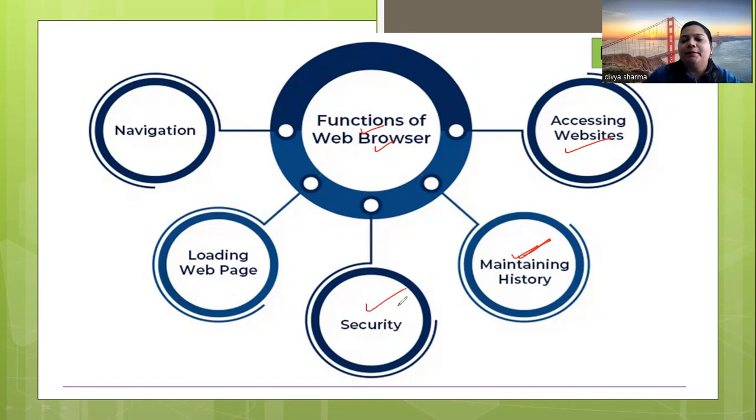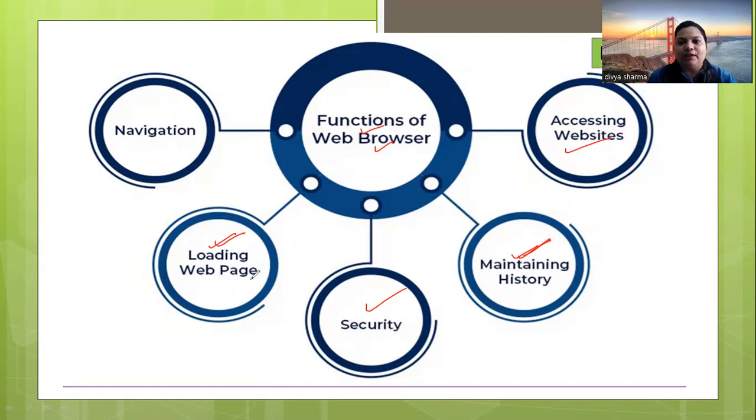Third one is security. It provides security to a large extent because there are so many security tools, as we have discussed, like pop-up menus and pop-up warnings. They warn the user regarding any malicious activities being done to the computer. Another one is loading web pages. This is the main function of the web browser, because if the web browser is not able to load any web page, how can you see the content?